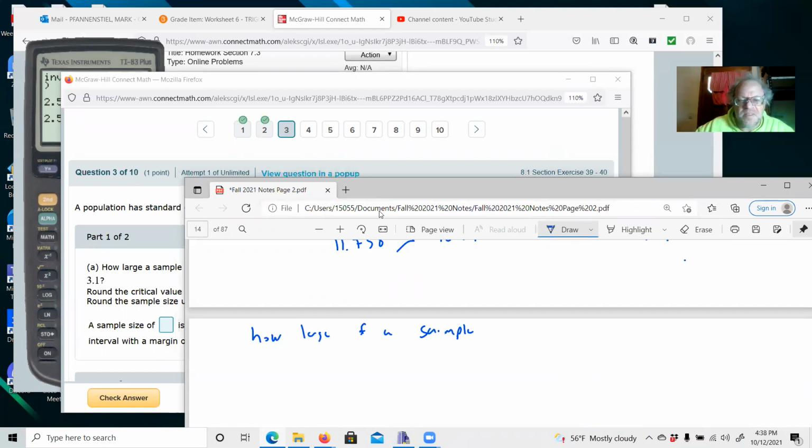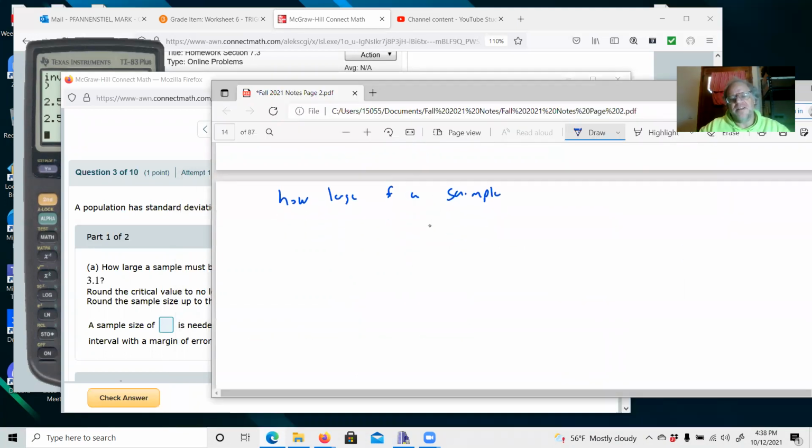So what we're going to do is say we have a margin of error, I'm just going to abbreviate it M. Remember, it was mean plus or minus the margin of error, which was Z alpha over 2 times sigma over the square root of N. So M equals Z alpha over 2 times sigma over the square root of N.